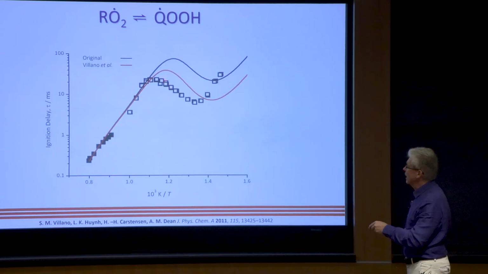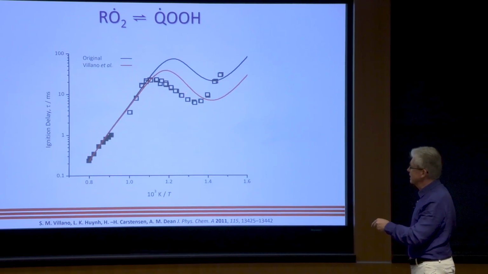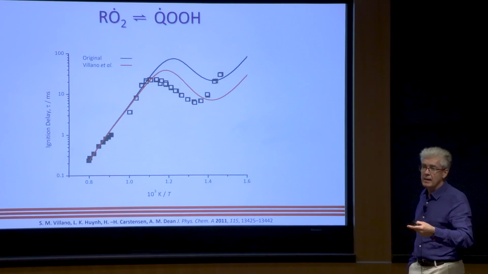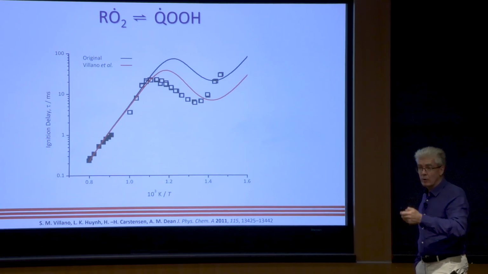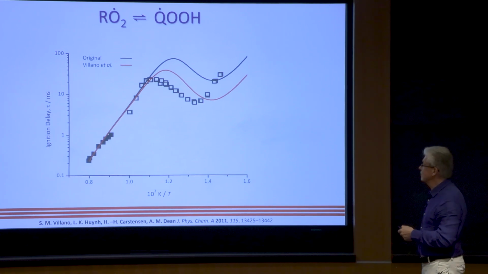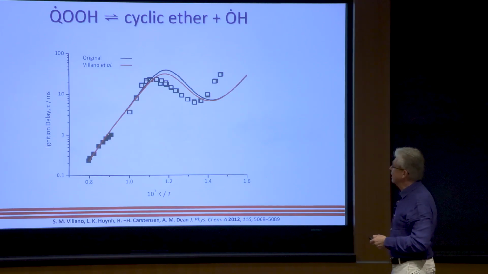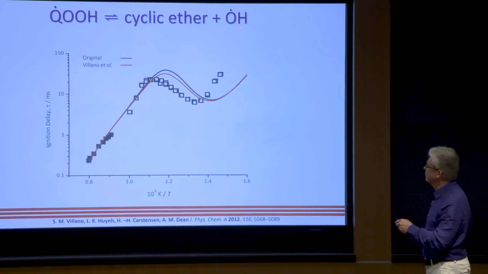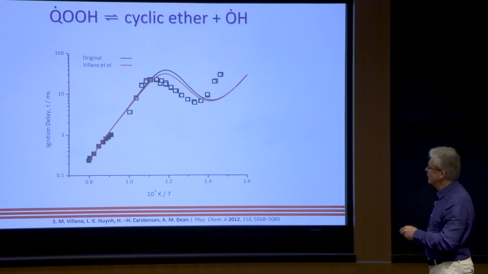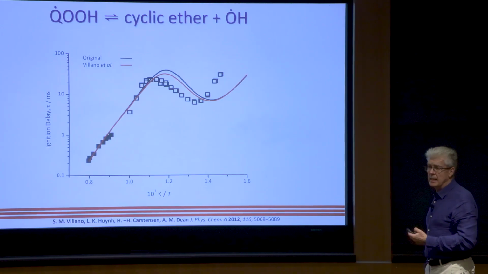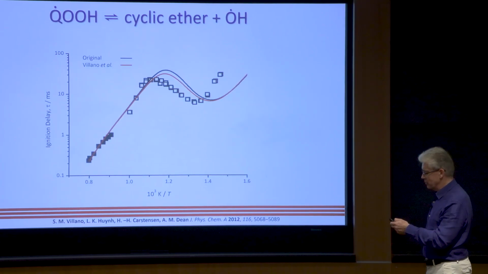It makes sense that it sped things up because the rate constants calculated by Villano were 40 times faster than ours. Then if we look at the QOH giving cyclic ether plus OH, it has a slight effect. It's making things a little bit faster than what we were using.